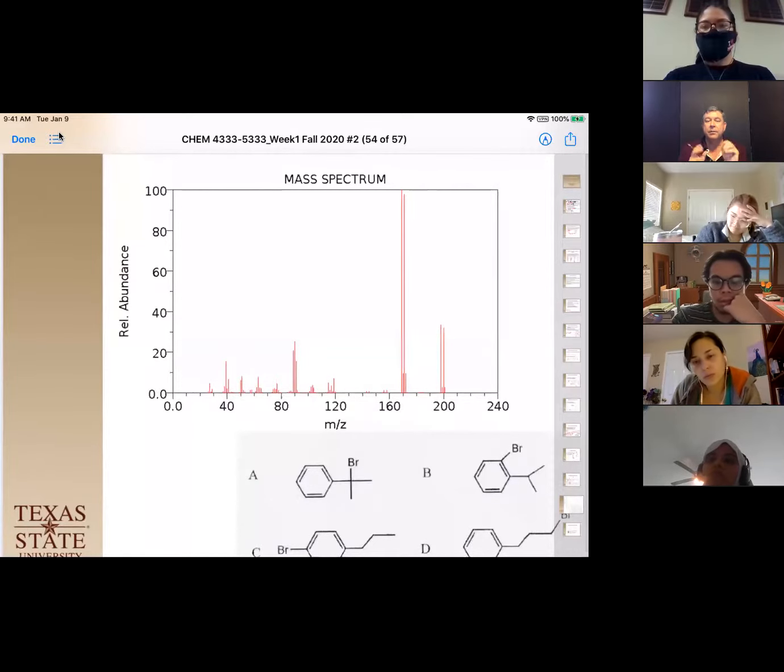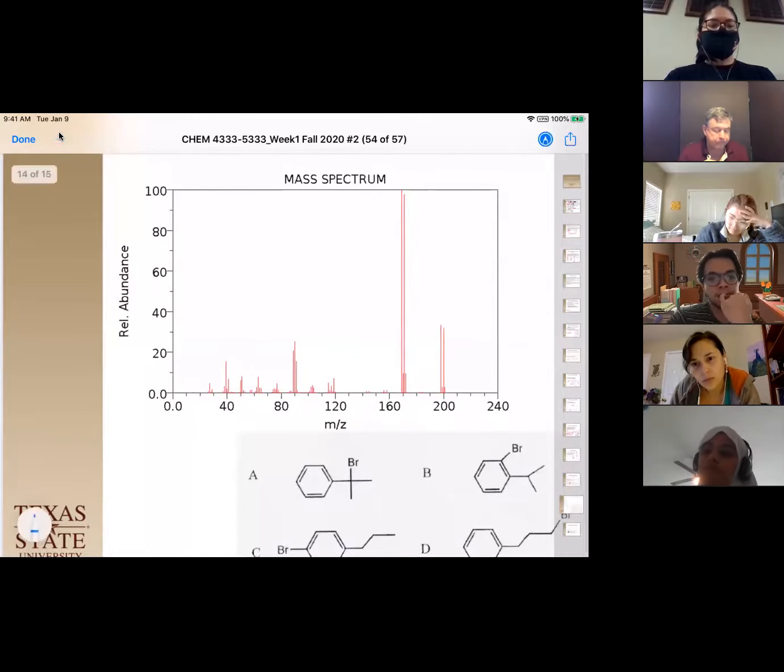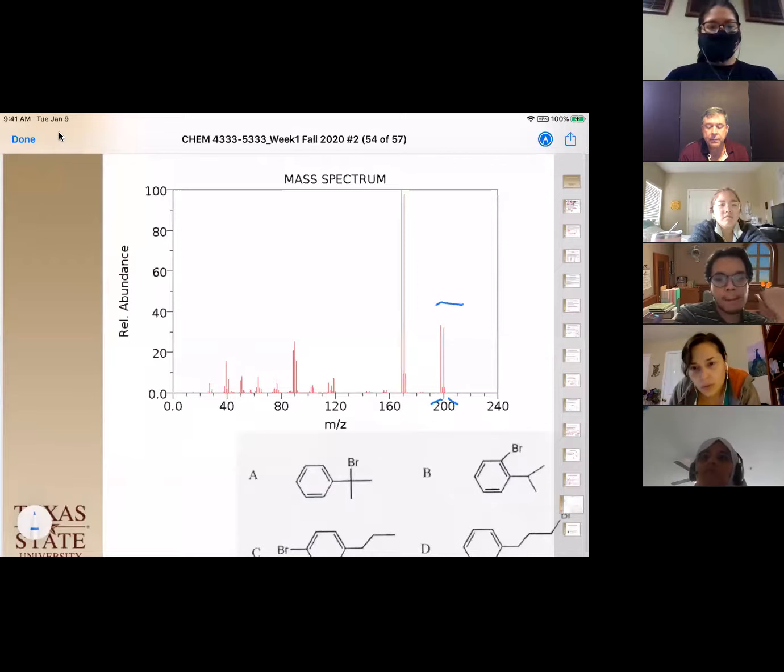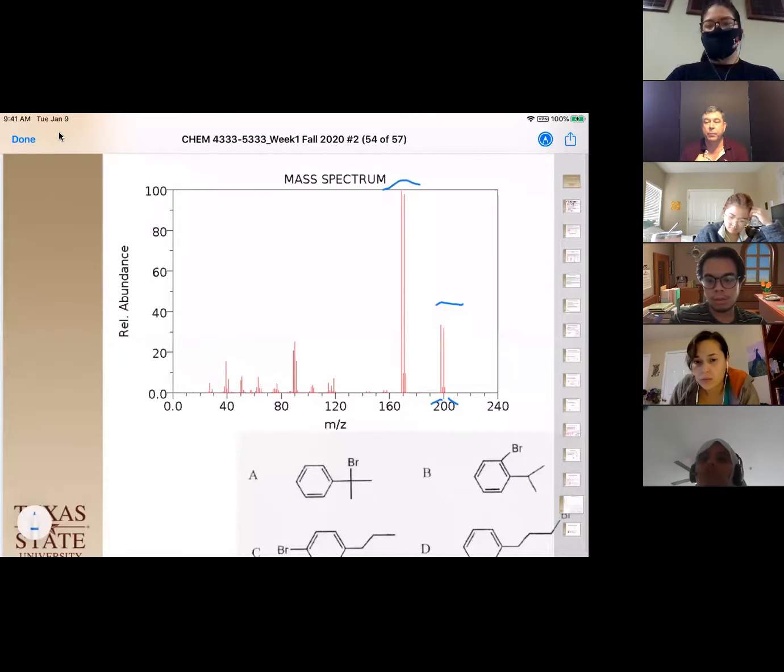So just from the splitting, we don't have to know exact numbers here. We're looking at this. There's a little peak in here and in here. So I think this is an M and an M plus 2, and this is an M and an M plus 2. So what halogen do we think we have just by looking at this mass spectrum? Bromine.